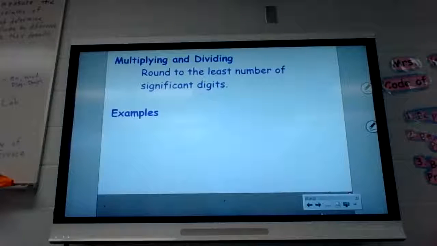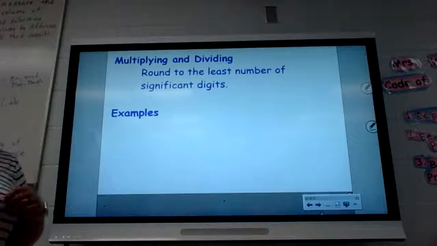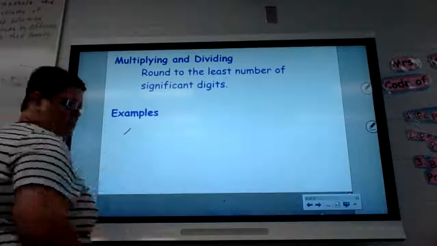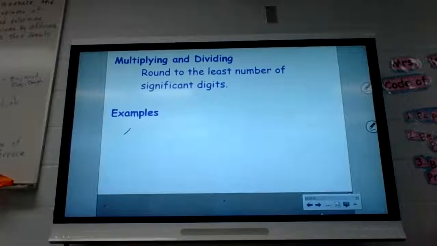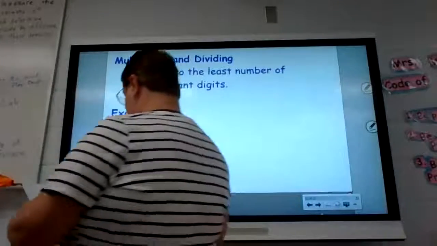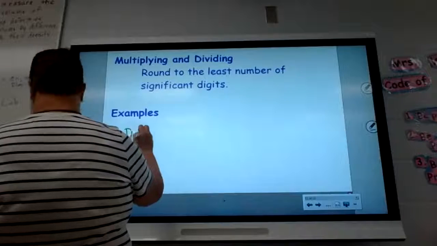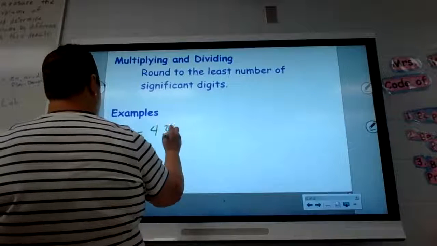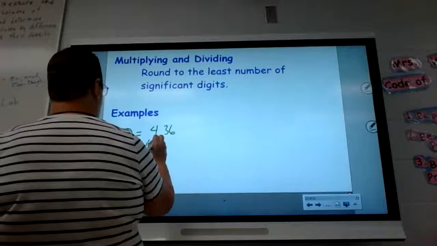All right? So, when you work a word problem, like the density question we did yesterday, you're going to round to the least number of significant digits. So, in the density problem that we just worked with Elena, it had density equals 4.36 and mass equals 65.3.